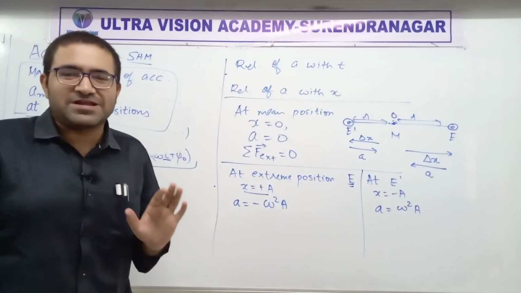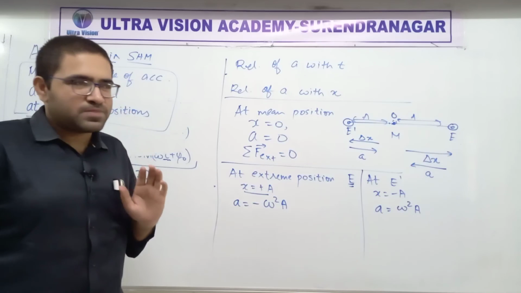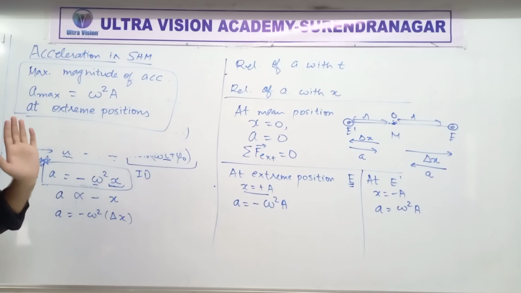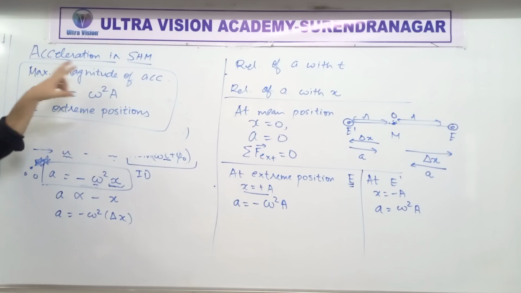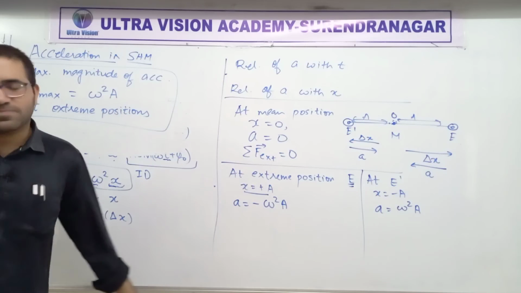At mean position. That is, V max is omega into a. Where is the acceleration magnitude maximum? At extreme position, that is omega square into a. Clear? Omega square into a is the maximum acceleration magnitude. Got it? It is at extreme position, either one, this or that, both.